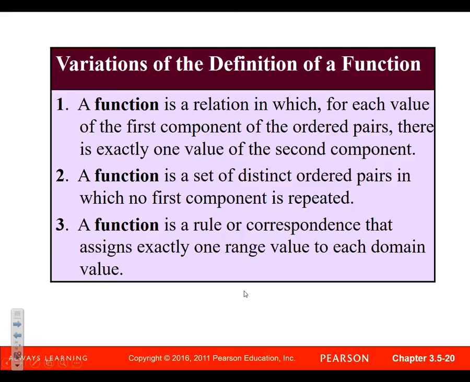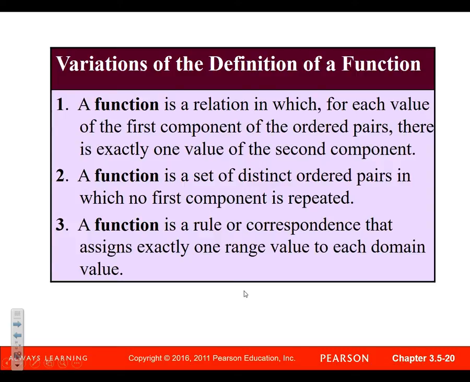A function is a relationship in which for each value of the first component of the ordered pairs, there's exactly one value in the second component. A function is a set of distinct ordered pairs in which no first component is repeated.